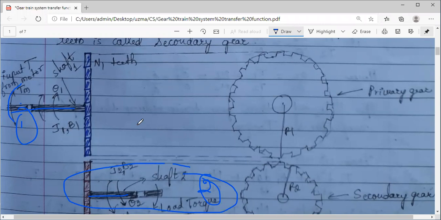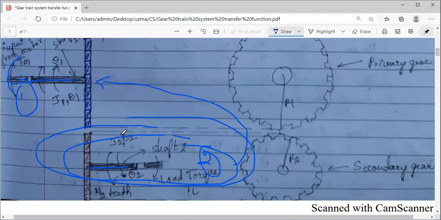But in this process, when you transform, certain parameters get changed, obviously because of the gear systems. So when I want to reflect the mechanical impedances from shaft 2 to shaft 1, these parameters will change.